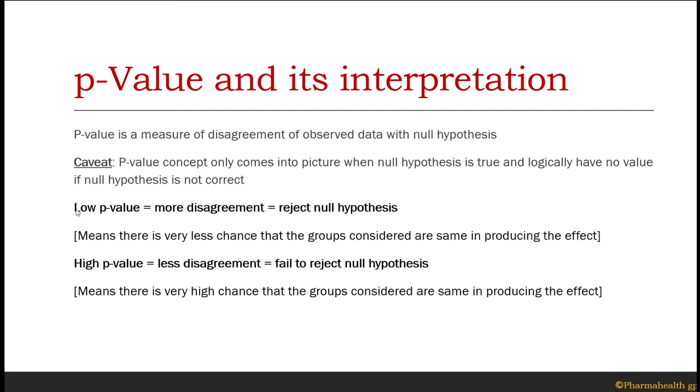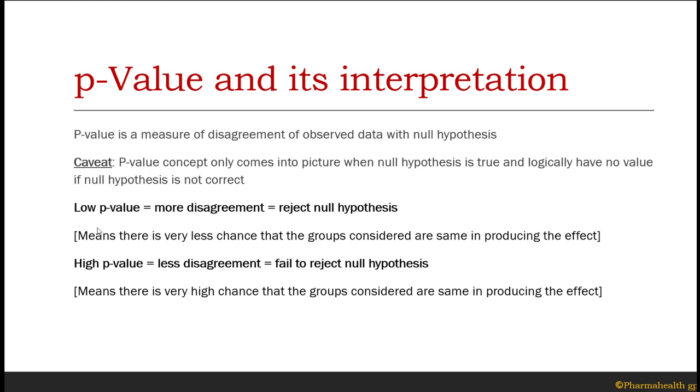That means there is a sure difference in the effect. A higher p-value means less disagreement, which means there is a very high chance that the groups considered are the same in producing the effect, so we fail to reject the null hypothesis.